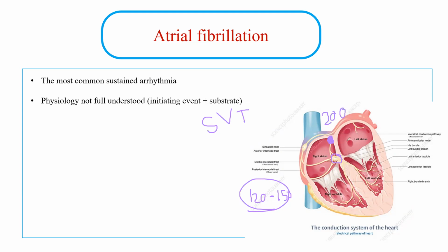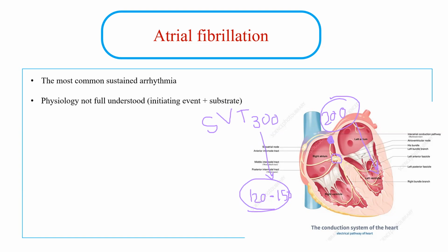If we measure the heart rate in a patient with SVT, the heart rate will almost reach this number, like 170, 190, 200. So what's the difference between the 300 in atrial fibrillation that is delivered as only 120 to 150, and the SVT that fires at a rate of 200 and reaches the ventricle at almost the same rate, like 190 or 170?